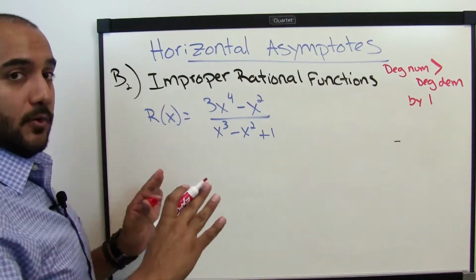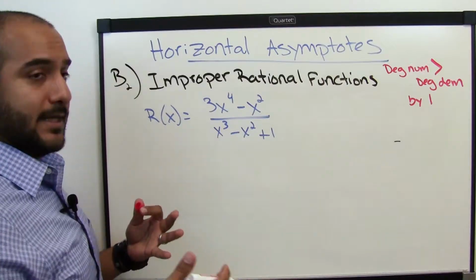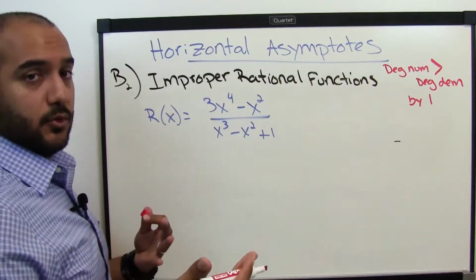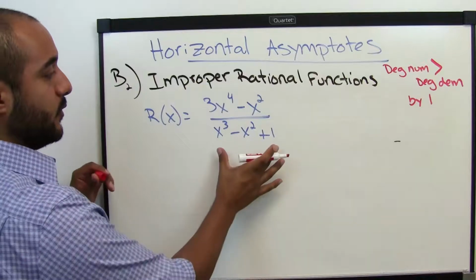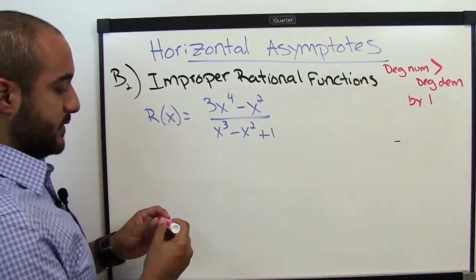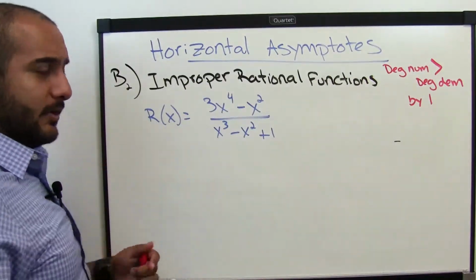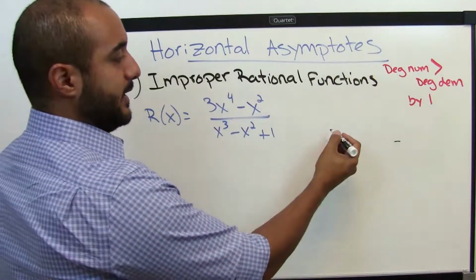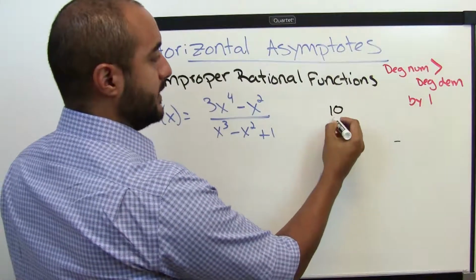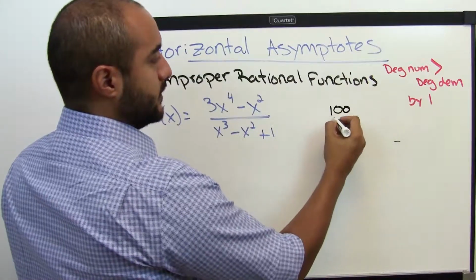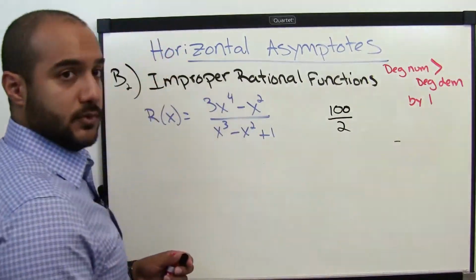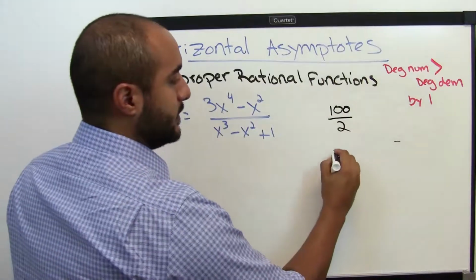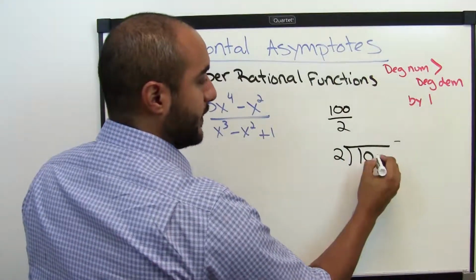Okay, so I'll do these steps slowly in case you haven't seen it before, or you're taking your notes with this. Just like you've done long division before, if you had been asked to do, let's do 100 divided by 2, and I used long division for that.